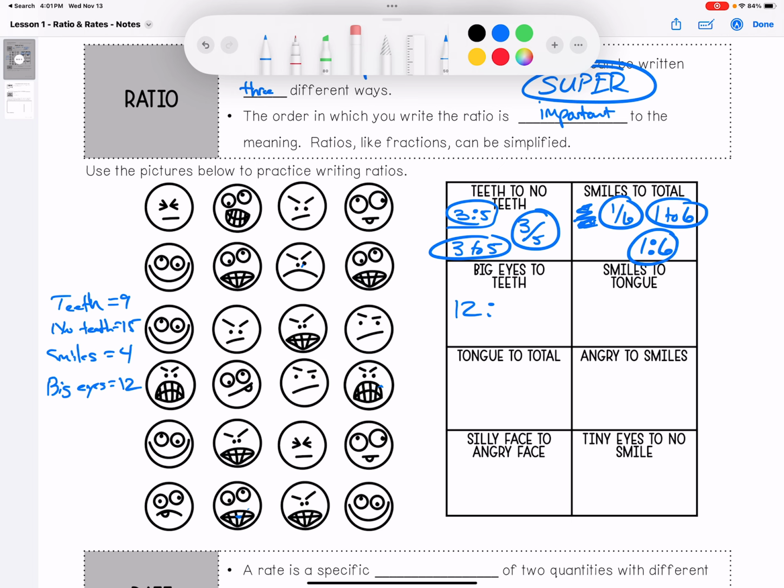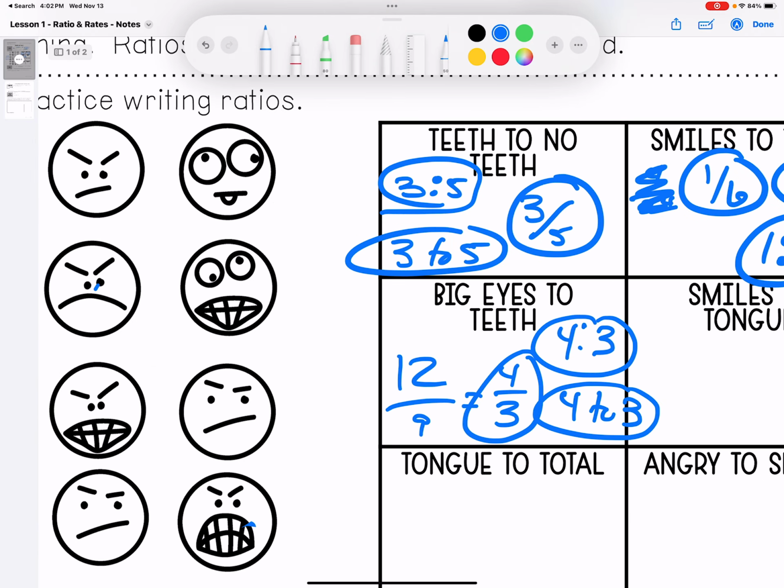All right. Big eyes to teeth. Teeth was 9. So it should have been 12 over 9. That will simplify into 4 over 3. Also, it would be 4 colon 3. I will zoom in so you can get those. So big eyes to teeth is 4 over 3, or 4 colon 3, or 4 to 3.